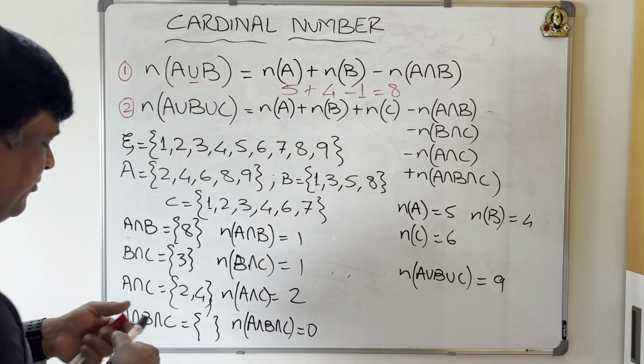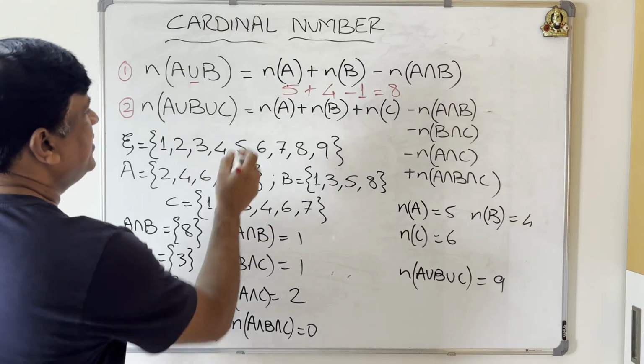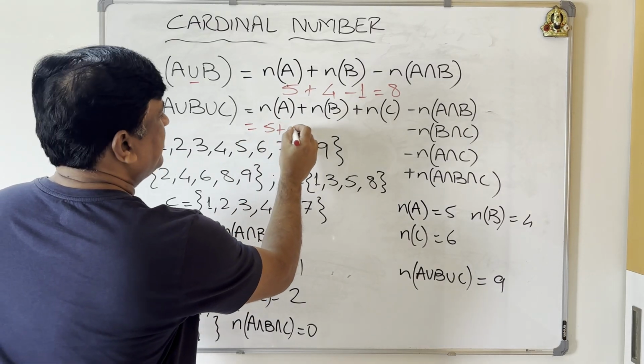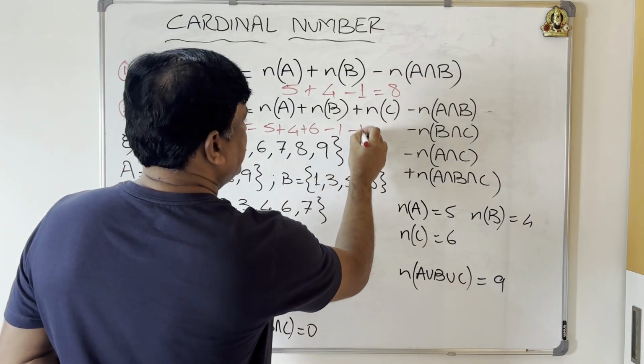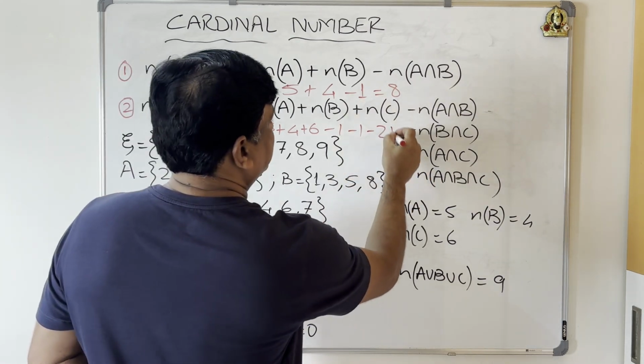Now put the values, whatever you have got, on the right side. You have got this one as 5. 5 plus 4 plus 6 minus 1 minus 1 minus 2 plus 0.